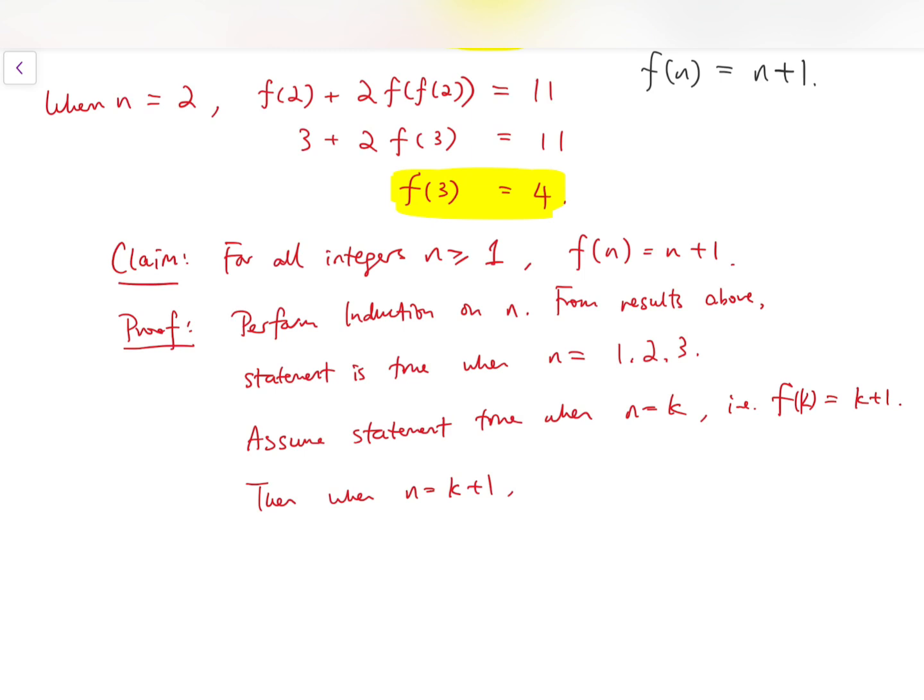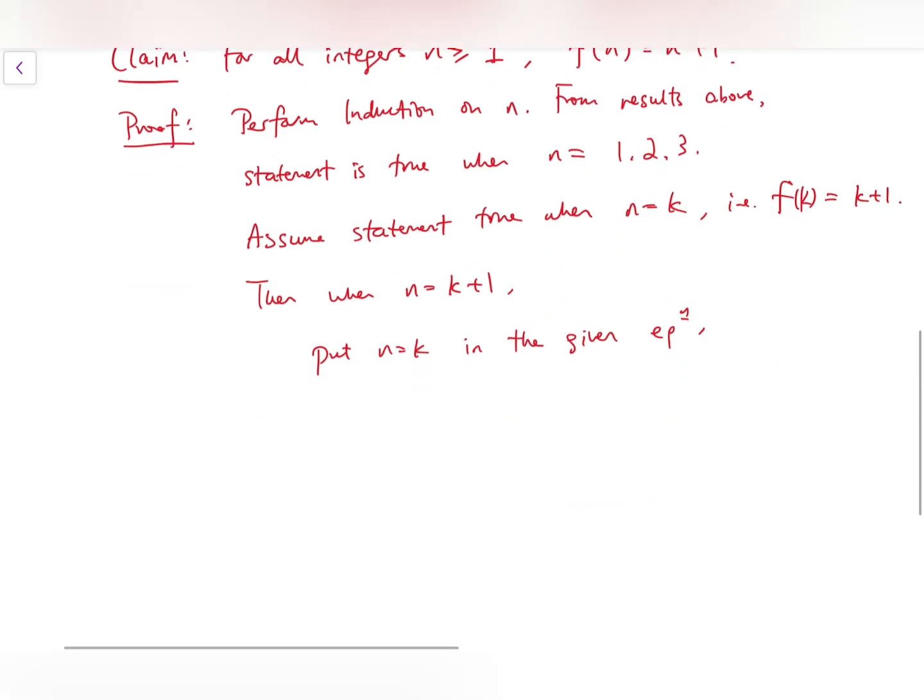I'm going to put n equals k in the given equation. And I will have f of k plus 2 times f of k equals 3k plus 5.